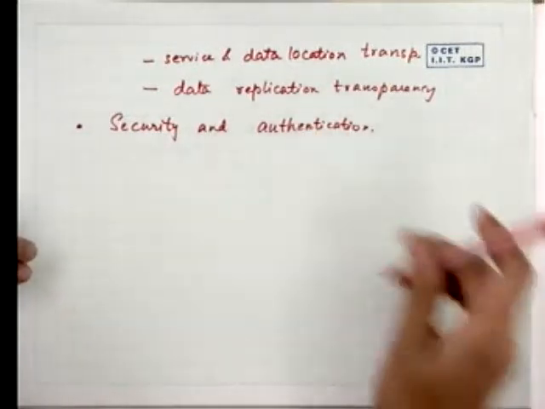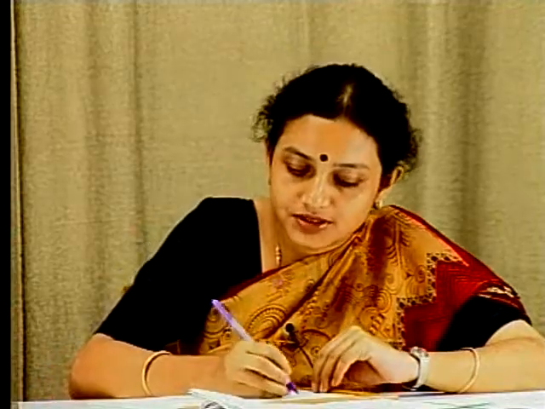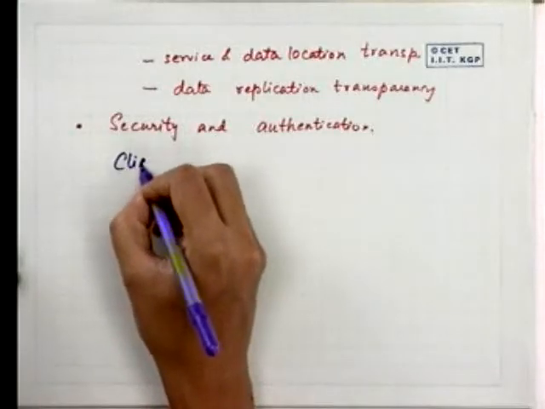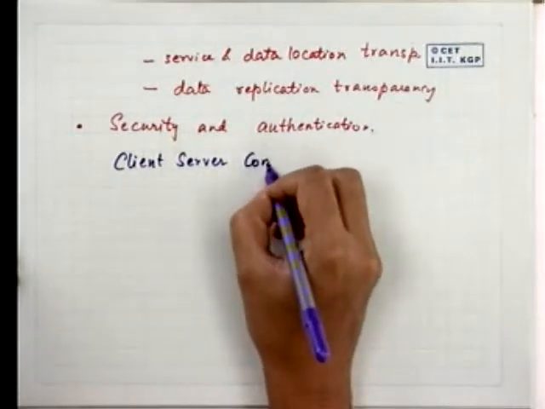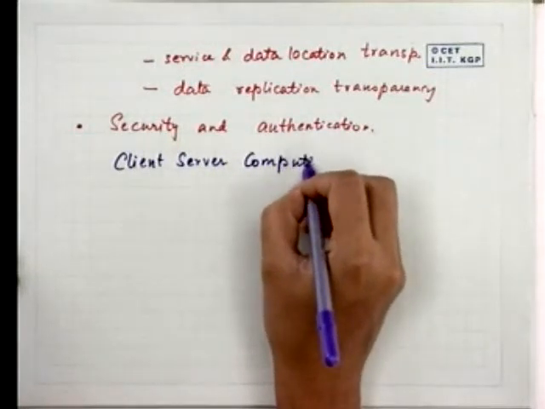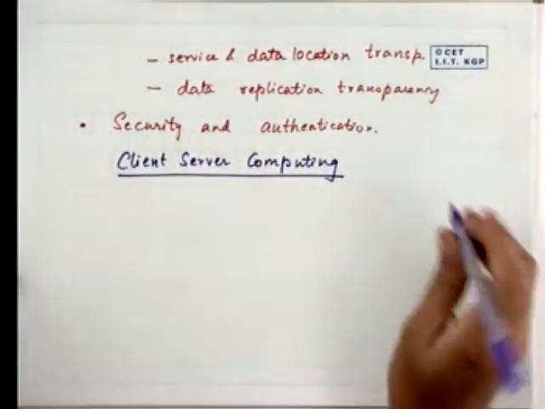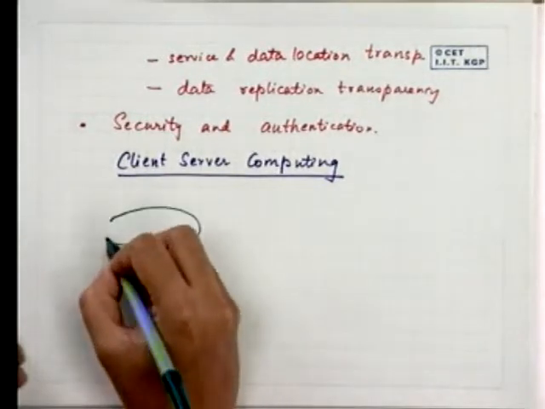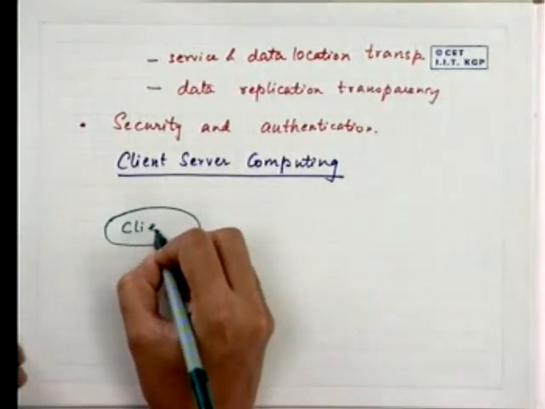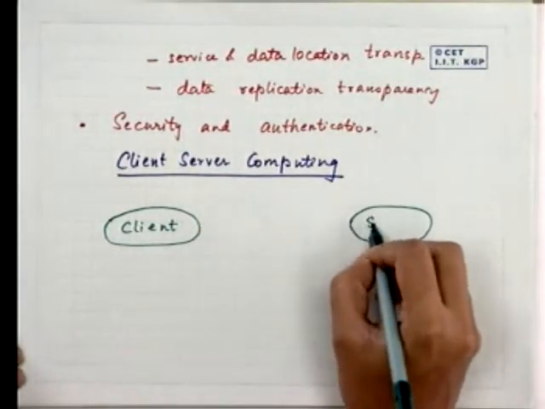Now, let us look at the simple model of client-server computing in a distributed system. First, let us present the very simple model of such a system. We have a client process, a client system, and we have a server system.